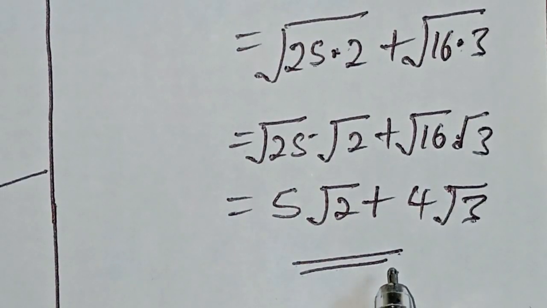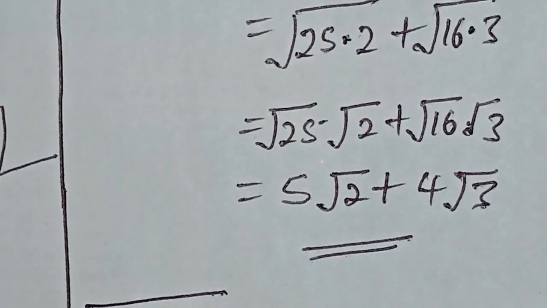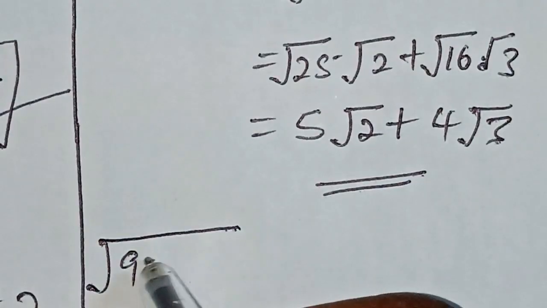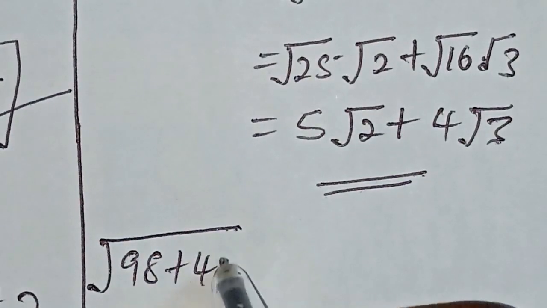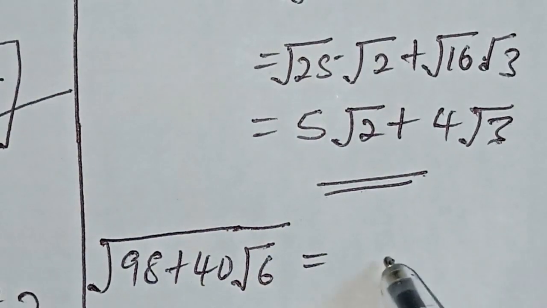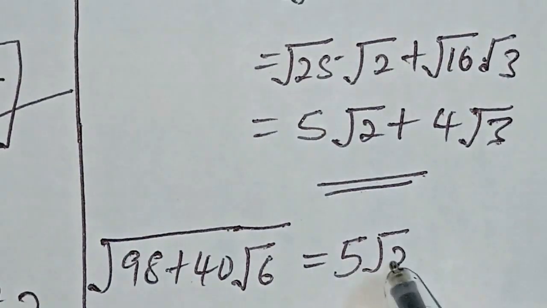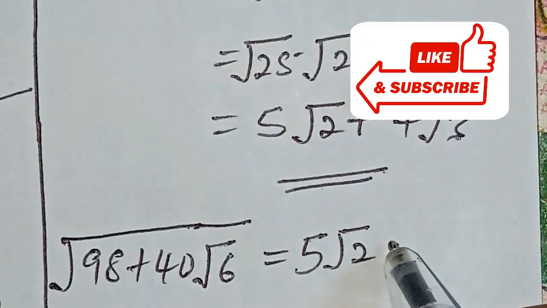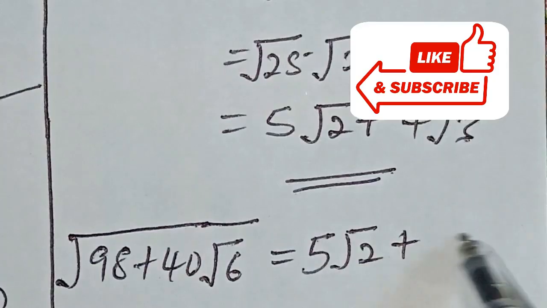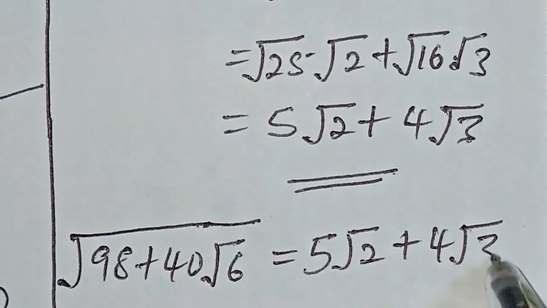So it implies that square root of 98 plus 40 square root 6 is equal to 5 square root 2 plus 4 square root 3.